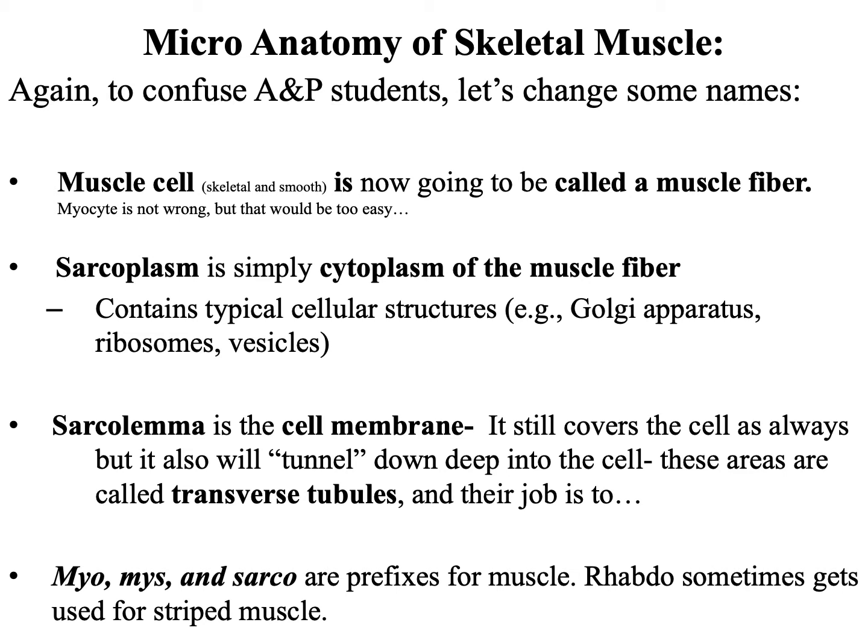Rhabdo is going to get used for striped muscle, and if you worked at a hospital or physical therapy or anything like that, you might have known somebody, I hope not, that has suffered from rhabdomyolysis, and that's when the muscle starts to die. Very painful. That's a nightmare case right there. So rhabdomyolysis, lysis, to come apart.